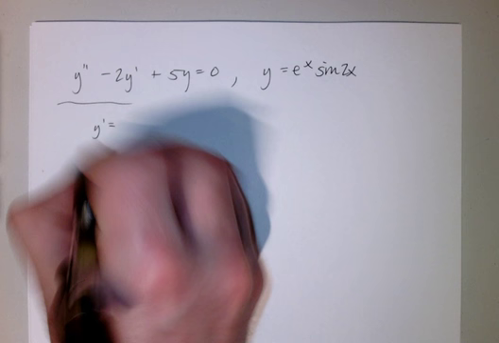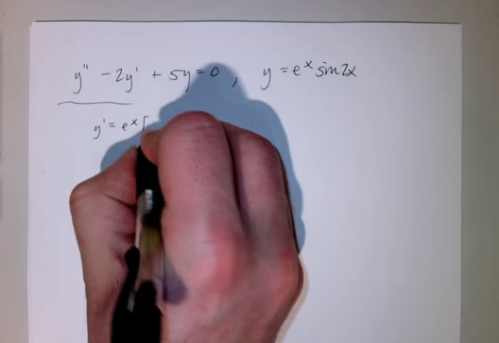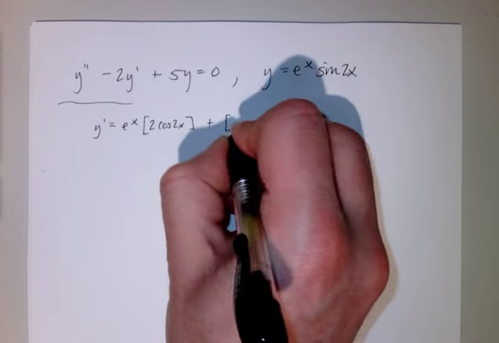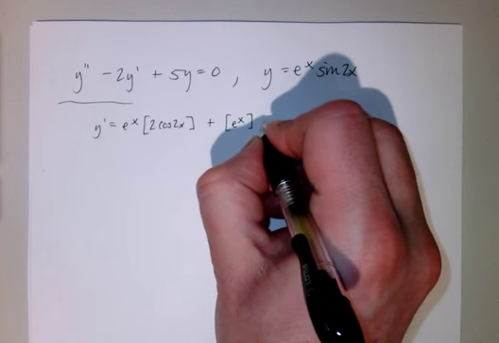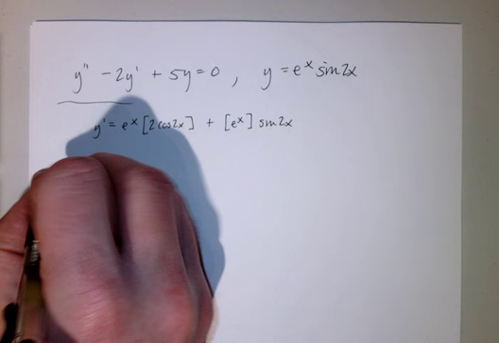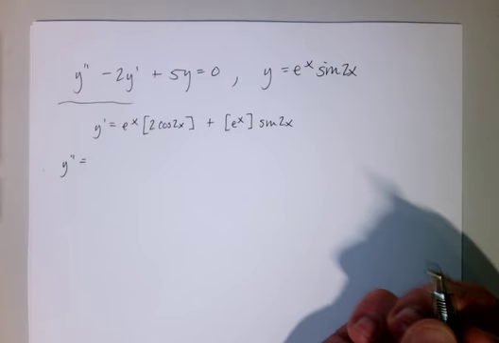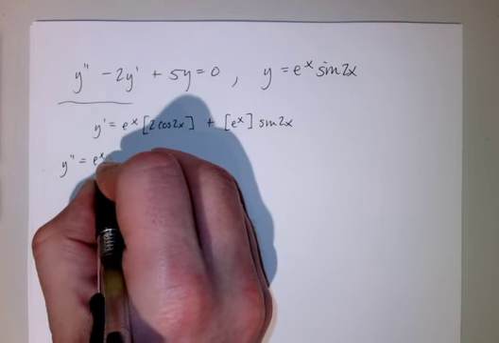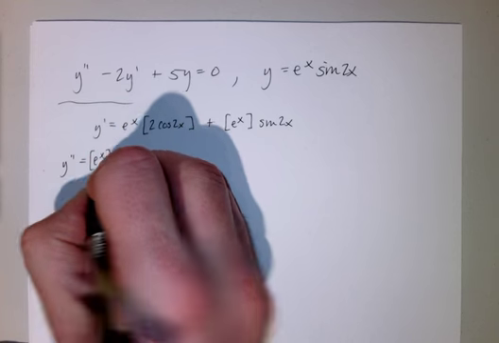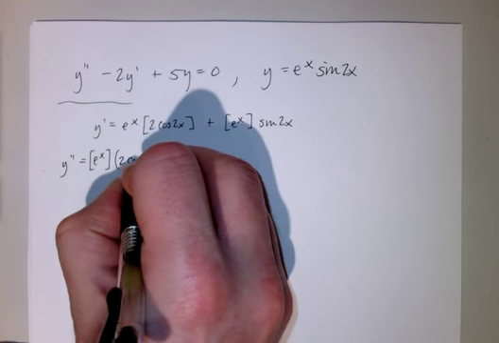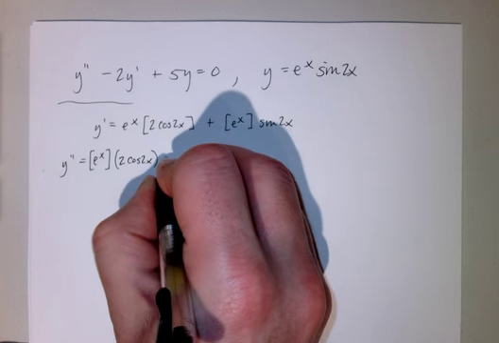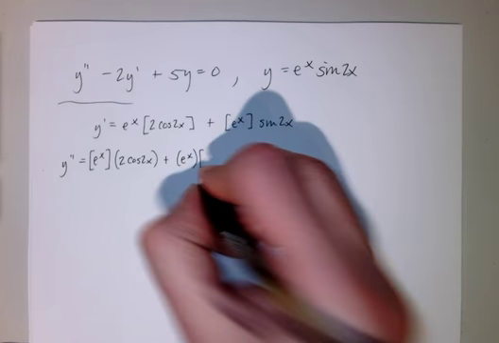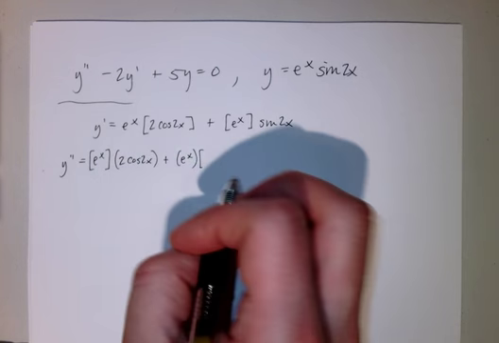Y prime is e to the x times 2 cosine 2x plus e to the x times sine 2x. And then, of course, you have to do the product rule twice, okay? So you have e to the x, and we'll take the derivative of the first times the second plus the first times the derivative of the second. Now, the derivative of the second is going to be negative sine, right?